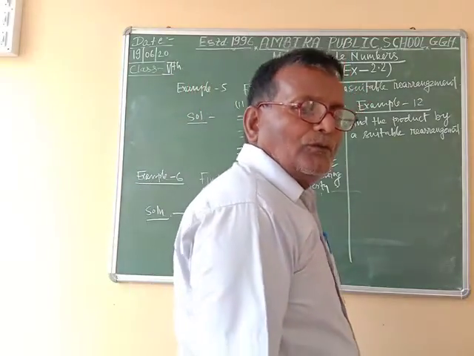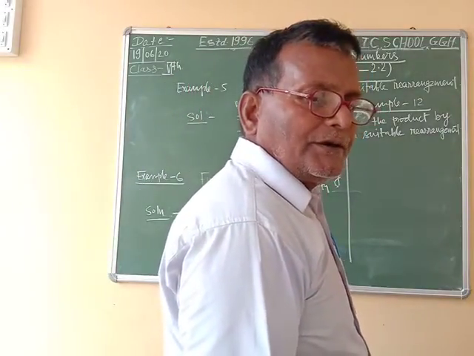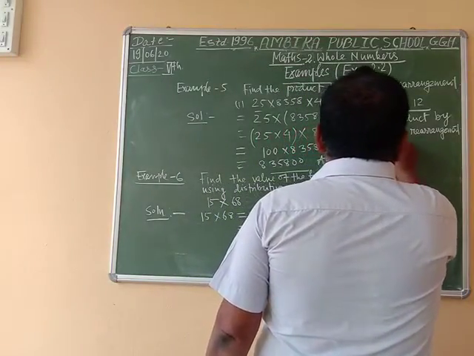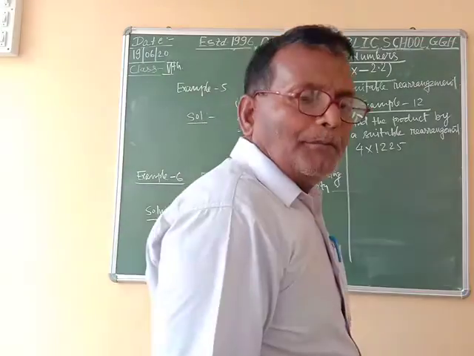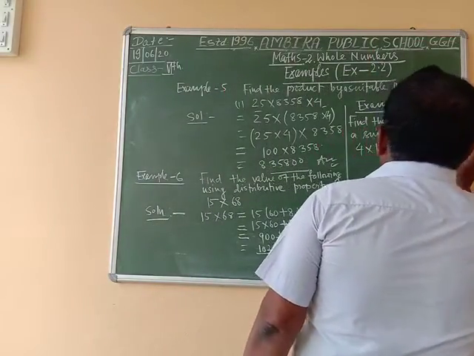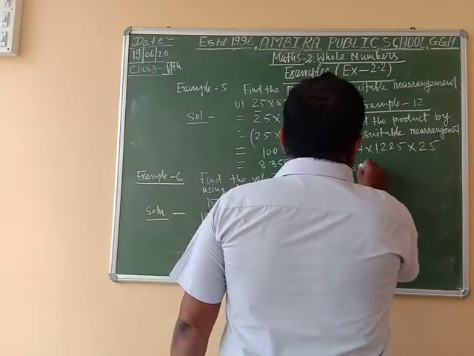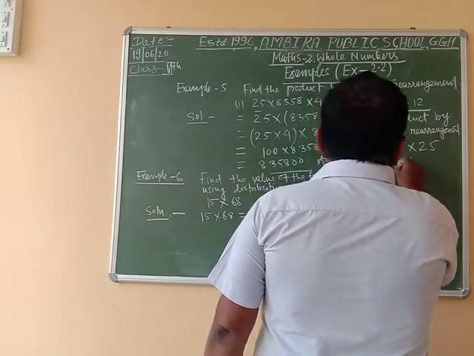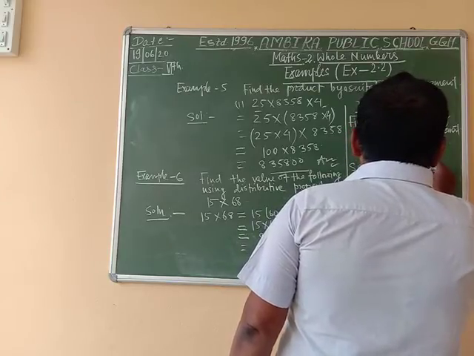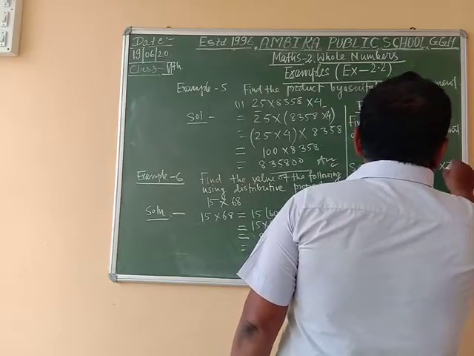4 into 1225 multiplied with 25. The question is 4 into 1225 into 25.